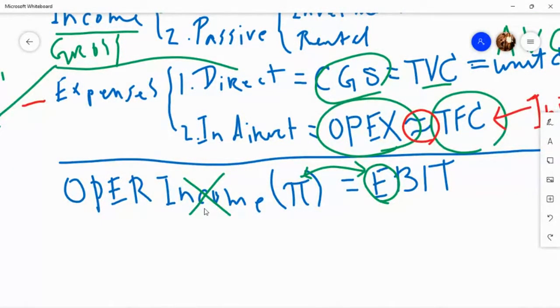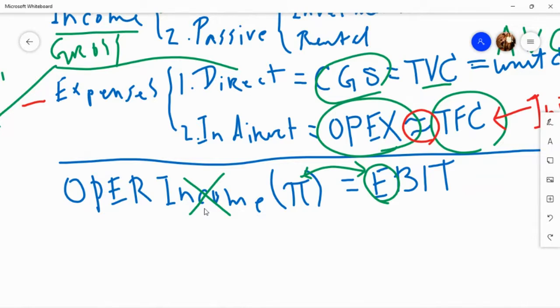If you call that income, it's used interchangeably, then this can mean gross income. But by the flow of the logic, it's not gross income.